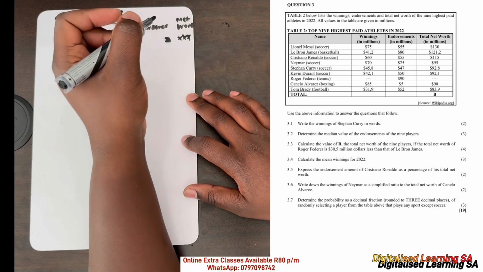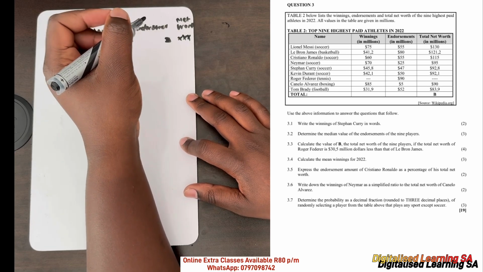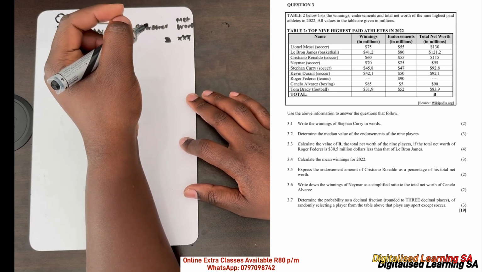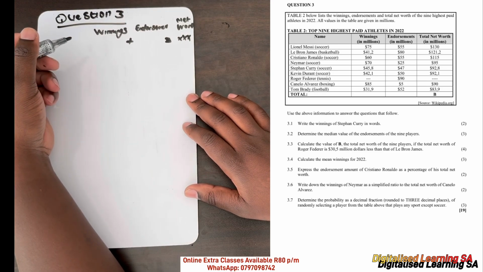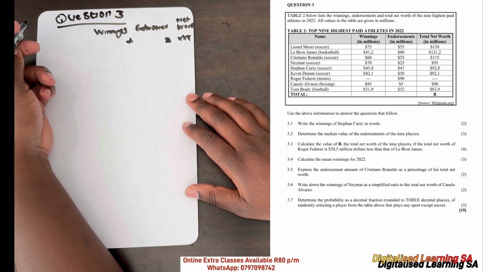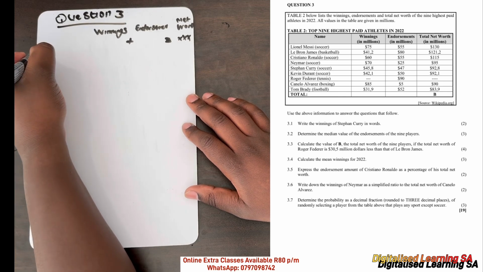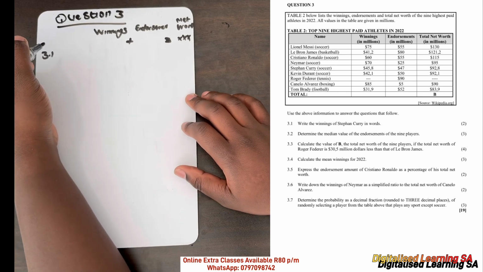And remember that all figures are given in millions. Okay, so we have 9 highest paid athletes in 2022. We are told to use the above information to answer the questions that follow. So we are going to start with the first question, which is question 3.1.